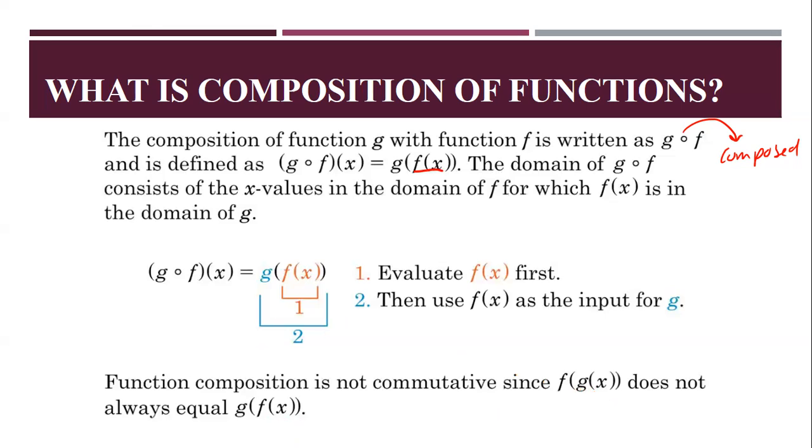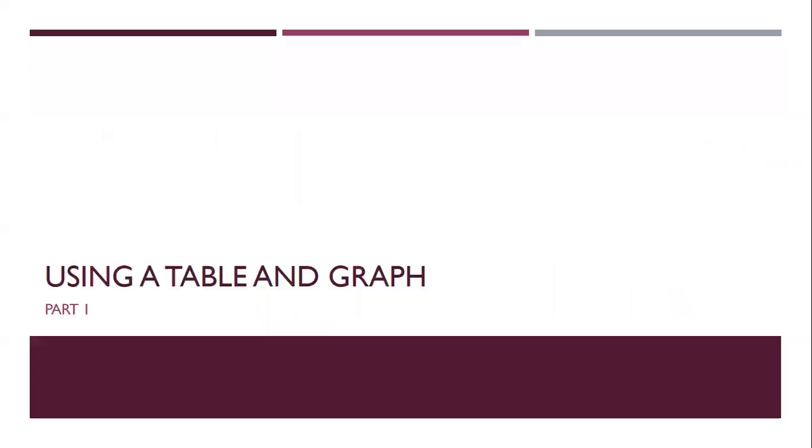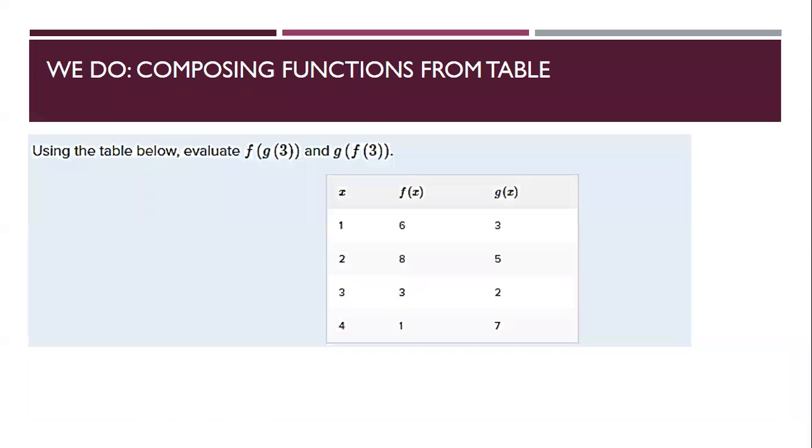Okay, so the best way to do this is just to dive in. We're going to start off with tables. Tables is probably the easiest way to see what I mean by working from the inside to the outside to find your final output, okay? So on your table, you should have this. Our first example that we're going to do together says F composed of G of 3.